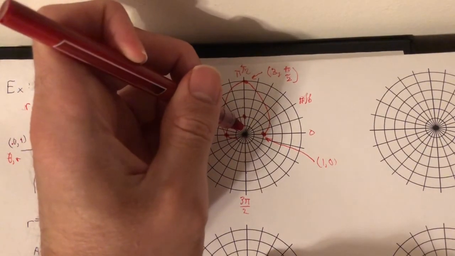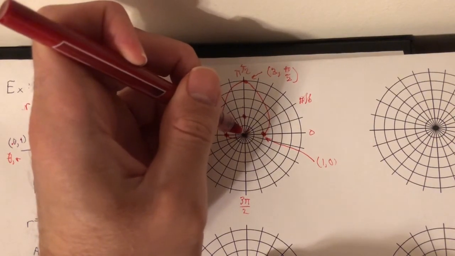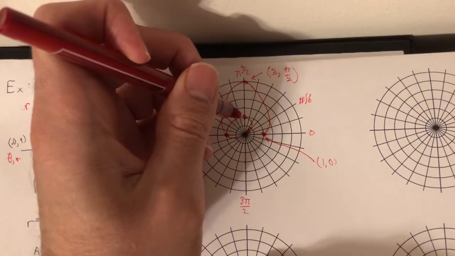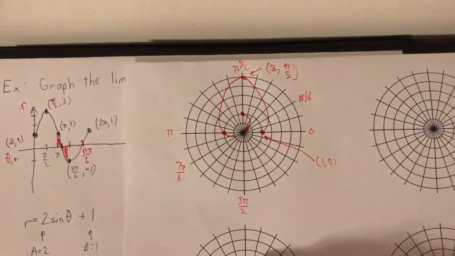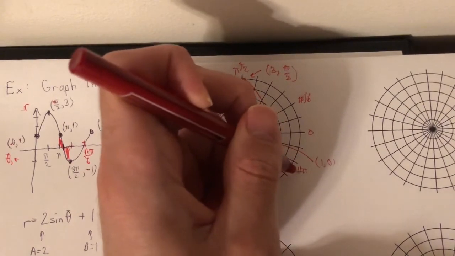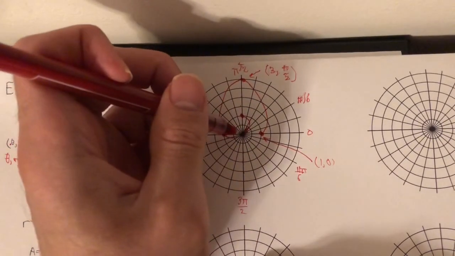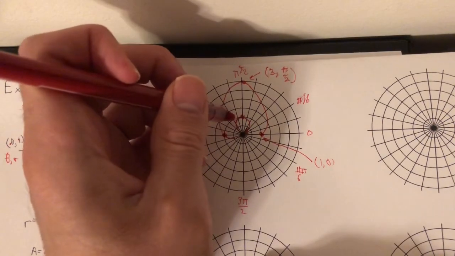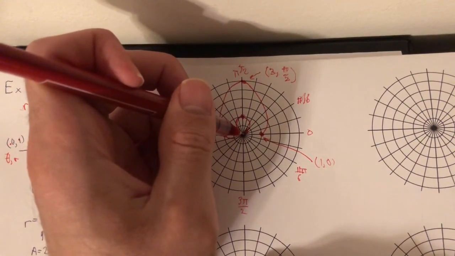So I'm moving from the pi over 6 direction to the 3 pi over 2 direction. And then I'm going to do the same thing in the fourth quadrant as I move from 3 pi over 2 to 11 pi over 6.